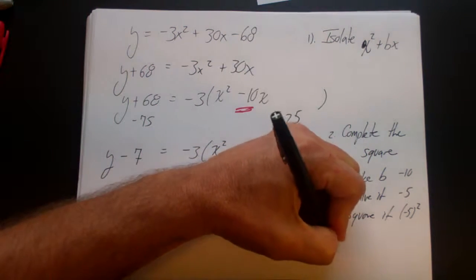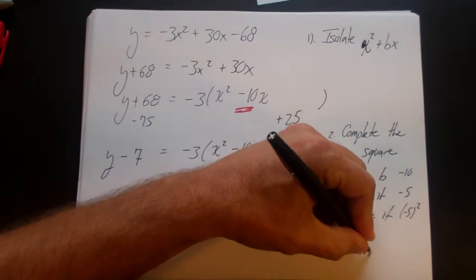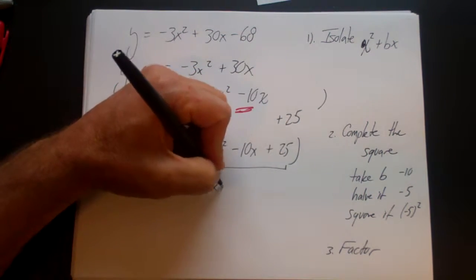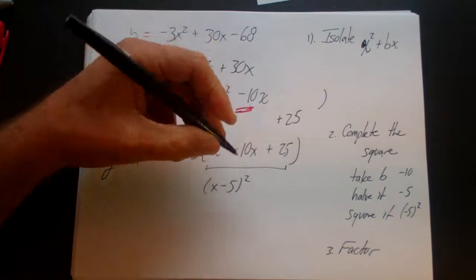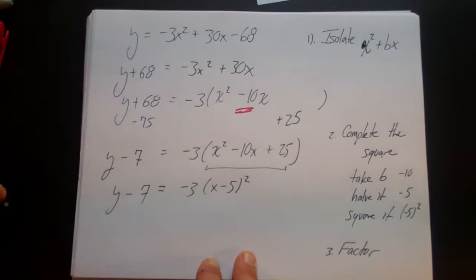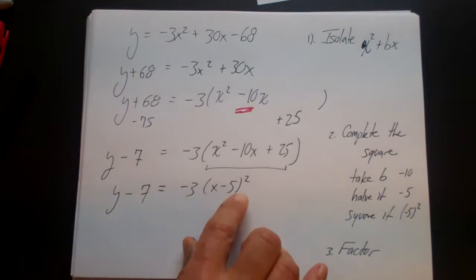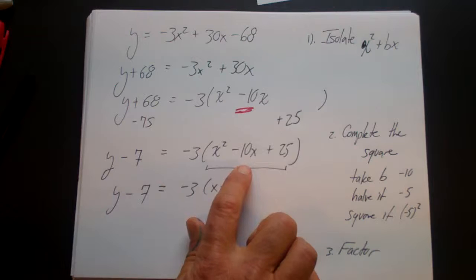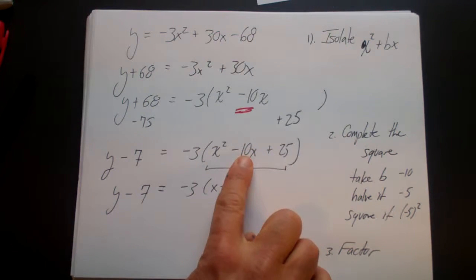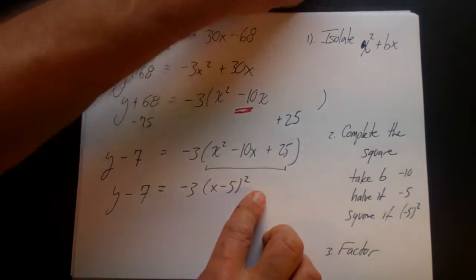And my third step is I'm going to factor. And this part right here factors to (x minus 5) squared. And how do I know that? Well, I need to find two numbers that multiply to a positive 25 and add to a minus 10. And that's a negative 5 and a negative 5.